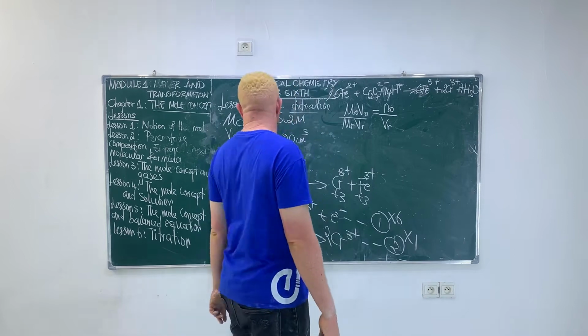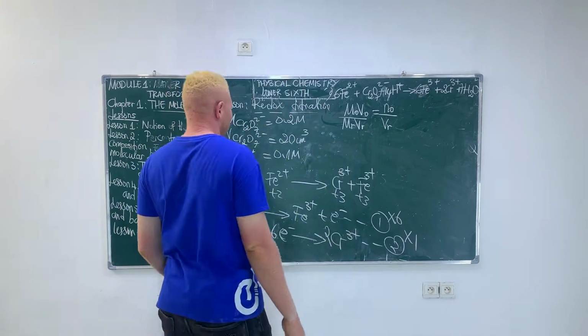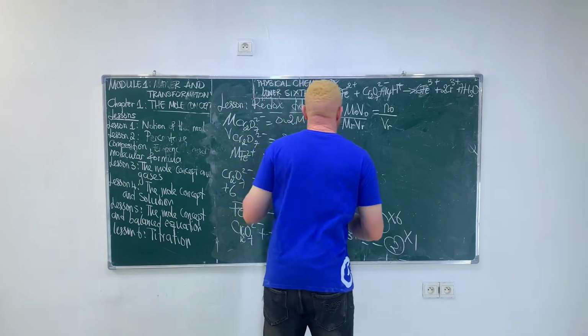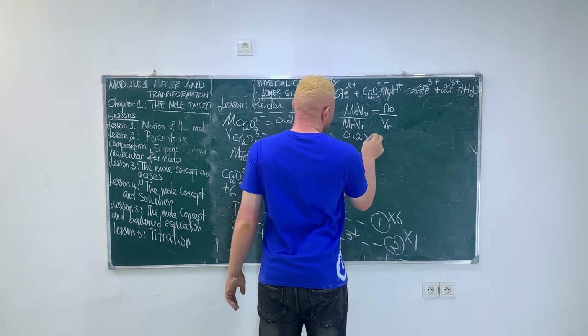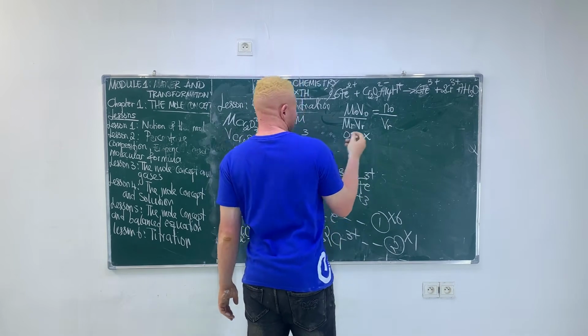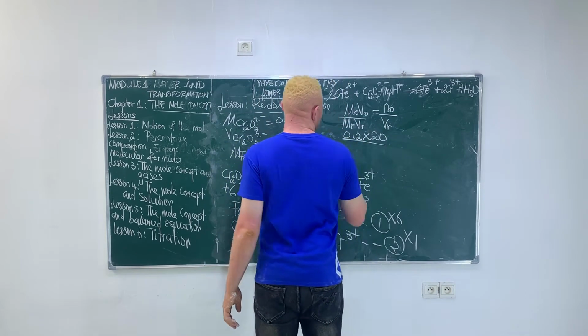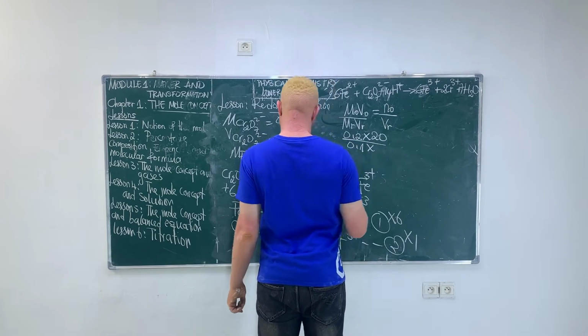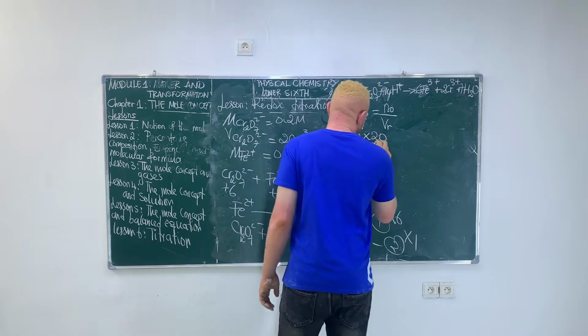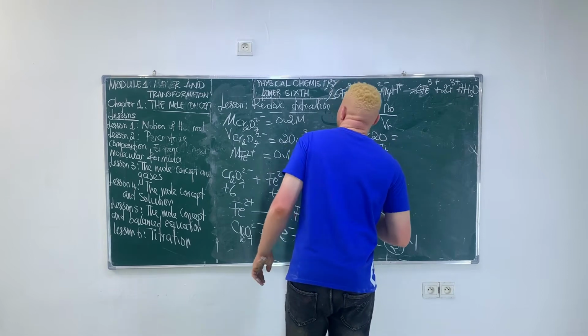So we'll replace our data. We'll have the molarity of the oxidizing agent, which is 0.2, times the volume of the oxidizing agent, which is 20, divided by the molarity of the reducing agent, 0.1, times the volume of the reducing agent VR, equals NO over NR.